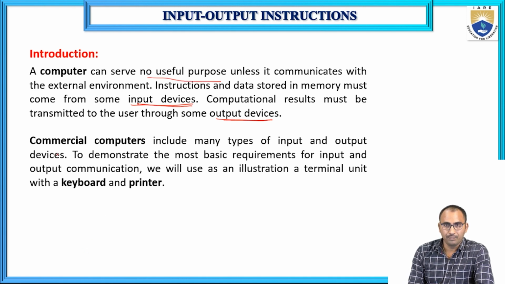Commercial computers include many types of input-output devices. To demonstrate the most basic requirements for input and output communication, we will use an illustration terminal unit with a keyboard and a printer.